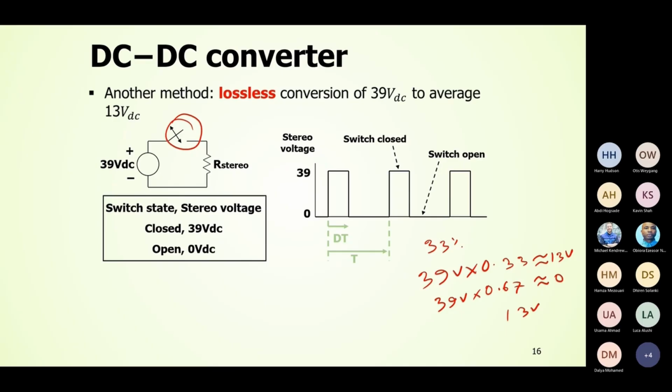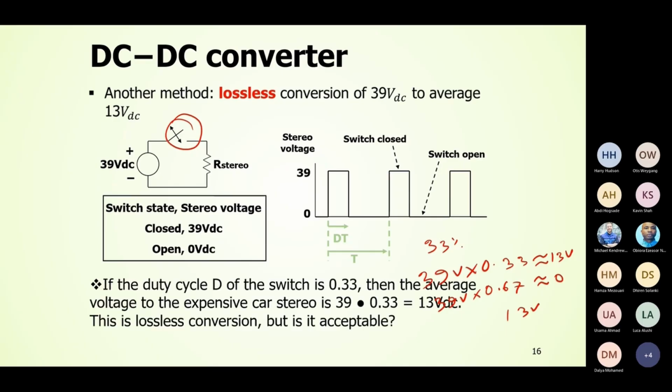Now the problem is, although the average is 13 volt, two thirds of the time my circuit is actually off. So if you have, let's say, an audio system that is on for 33% of the time every cycle, the music you will hear is not going to be a good experience.